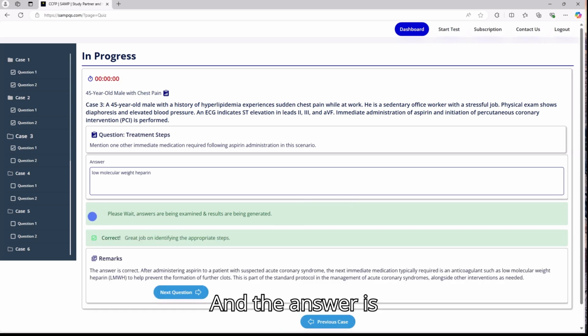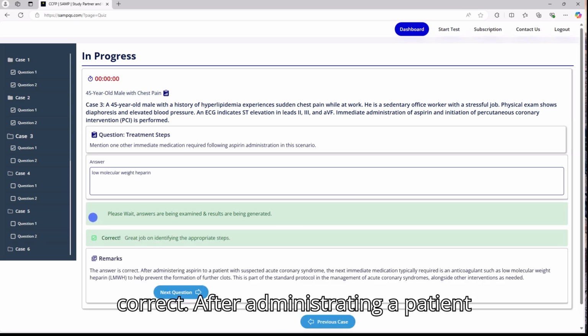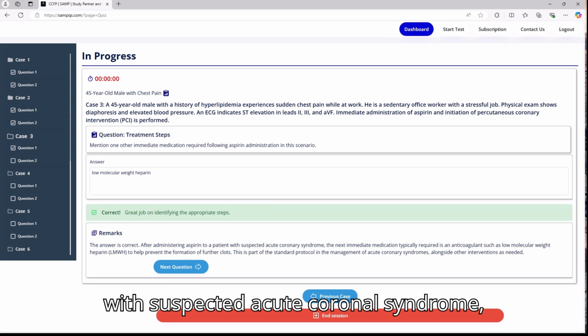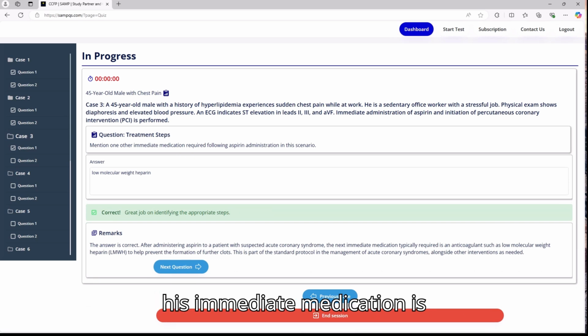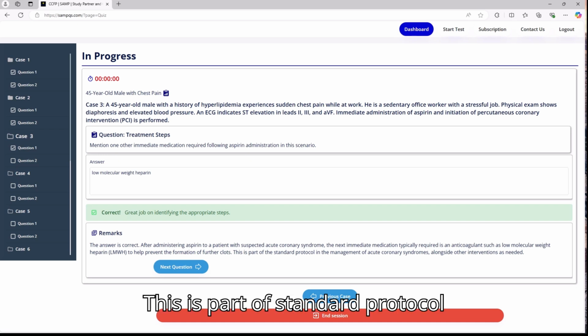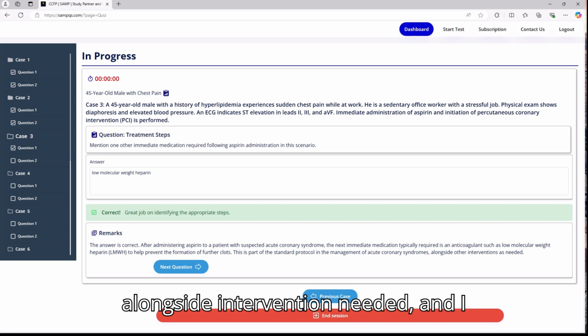And the answer is correct. After administering aspirin in a patient with suspected acute coronary syndrome, the immediate medication is anticoagulation, okay, to help prevent further formation of the clot. This is part of standard protocol alongside the intervention needed.